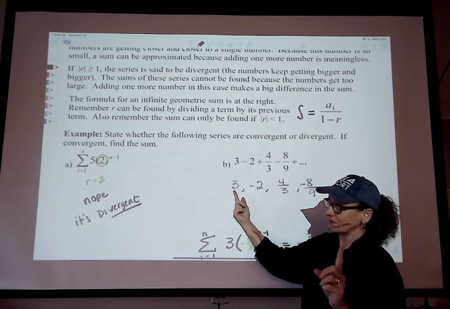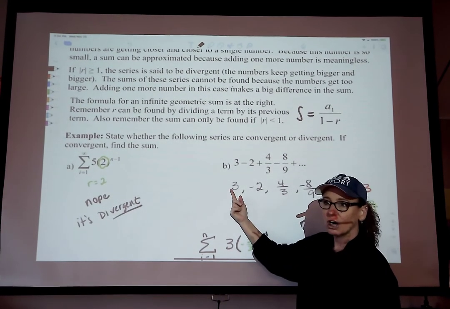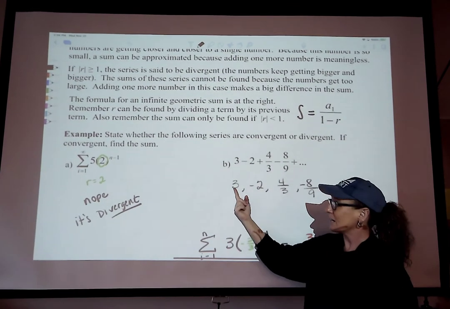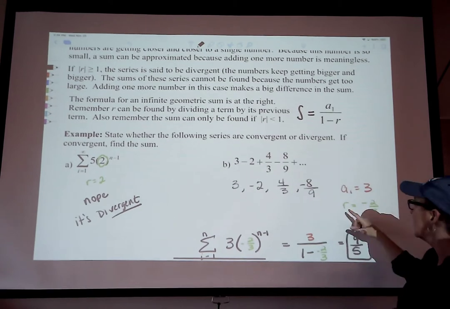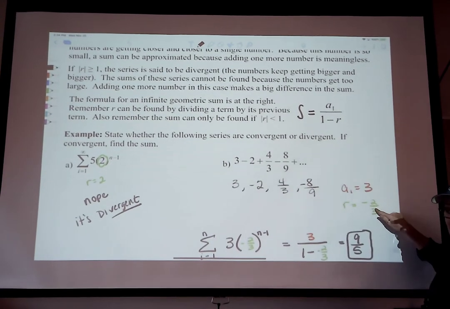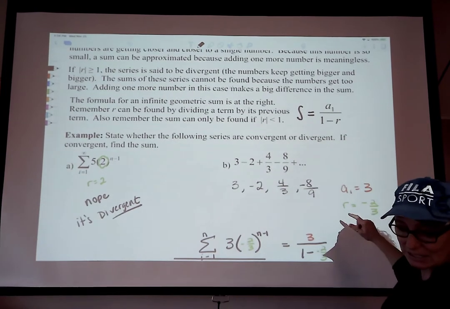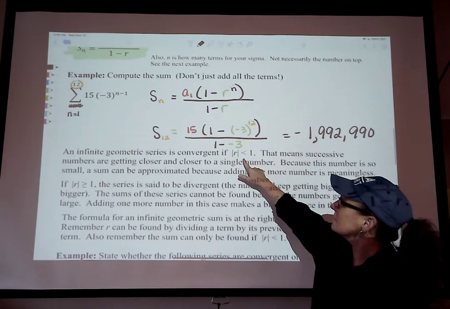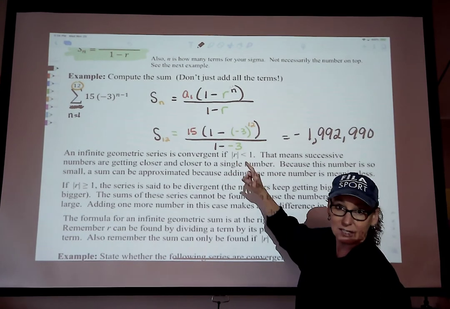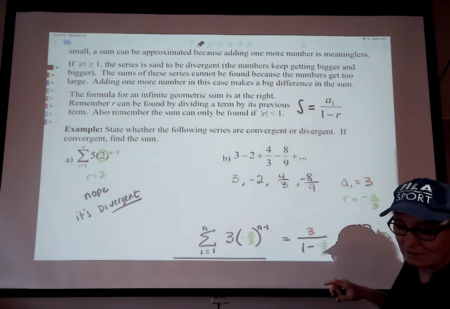First term doesn't matter. It's all about R. So to get R, I can take this divided by this. My first term was 3. R turns out to be negative 2/3. Does this meet this requirement? It does. This is doable.